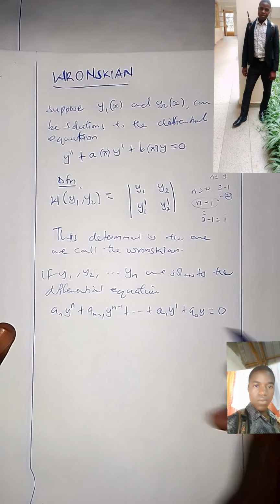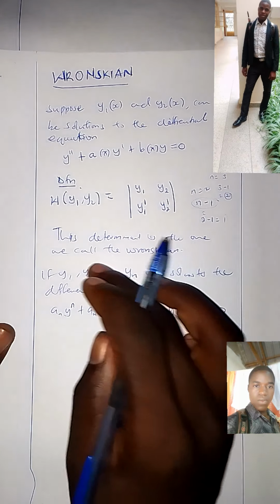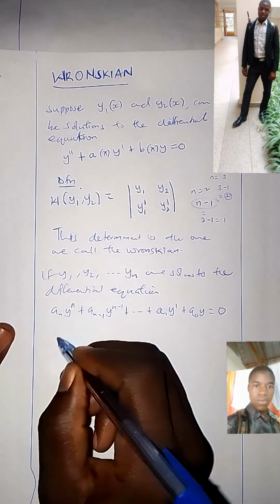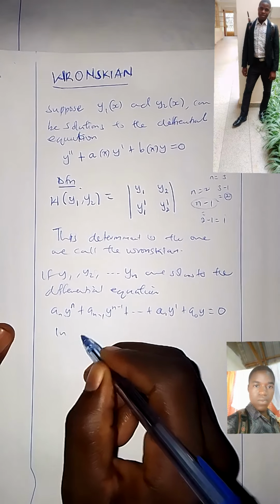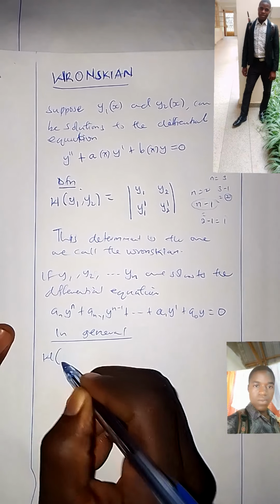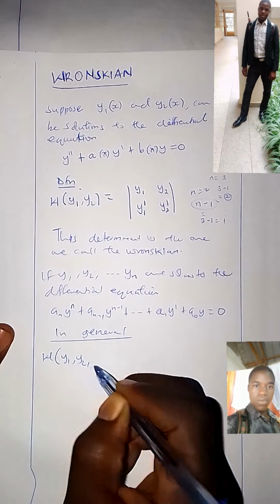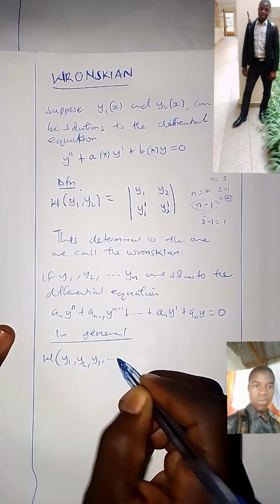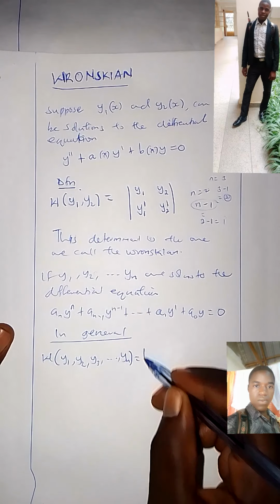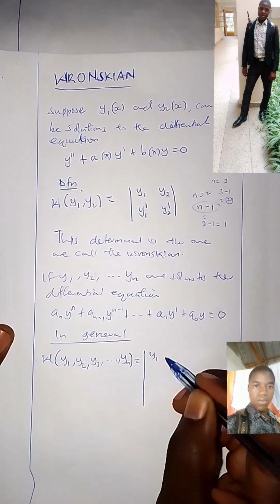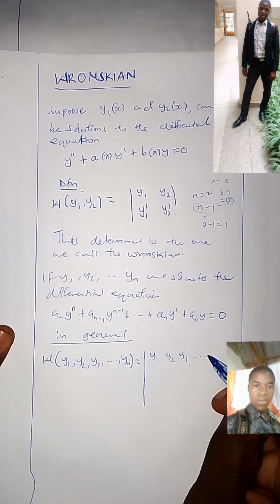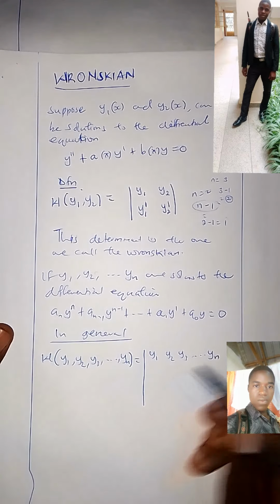In that case, if this is the equation we have, and these are all solutions, we say that in general our Wronskian W of y1, y2, y3 up to yn is given as the determinant of y1, y2, y3, and you can go up to yn in that format.